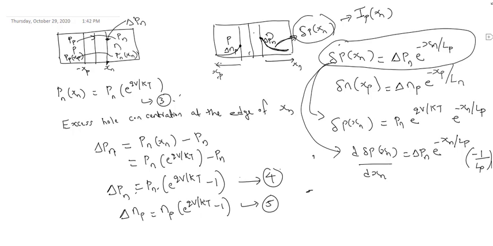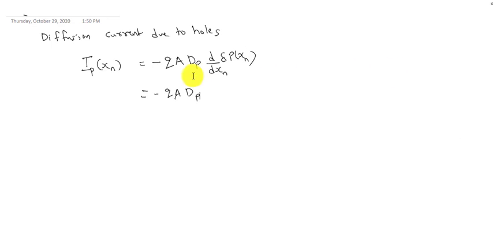We can substitute that value: minus 1 by Lp into delta Pn e raised to minus Xn by Lp.